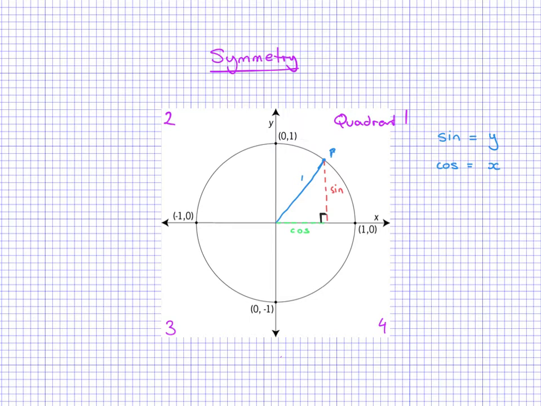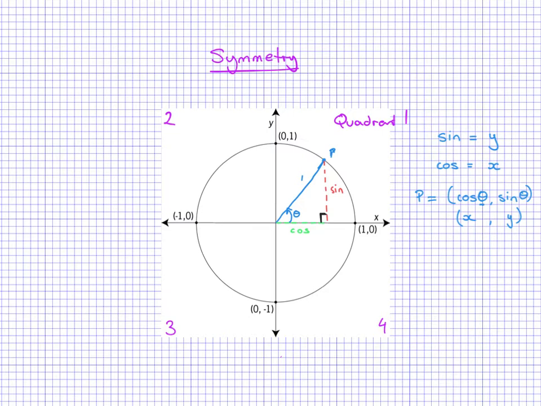So the point's location can be written like this: cos theta, sine theta, whatever this angle in here is. So if I need to know the location of the point, all I need to know is the angle, and I can use the cosine to calculate the x value and the sine to calculate the y value, and there is my point's location.